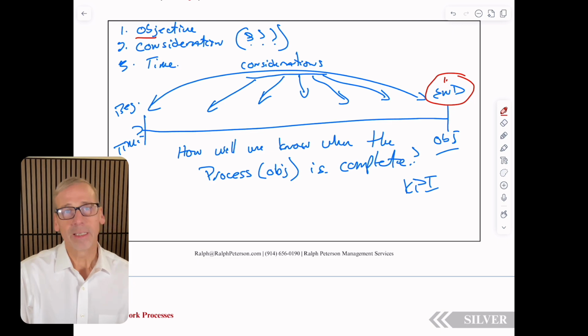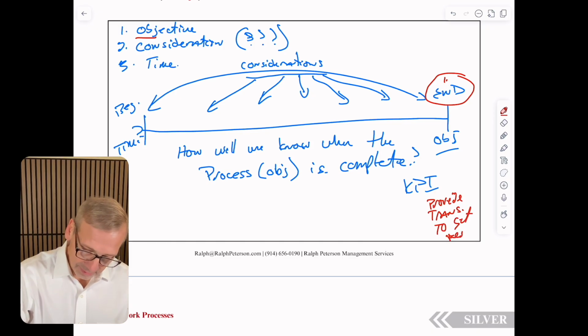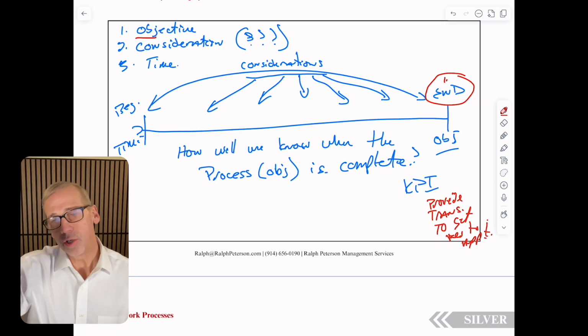So in this little scenario I'm placing out here, the end would be to provide transportation to get residents to appointments. That is the objective. That is your end goal.